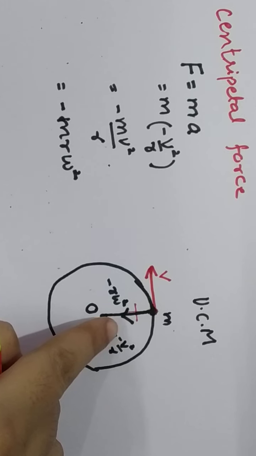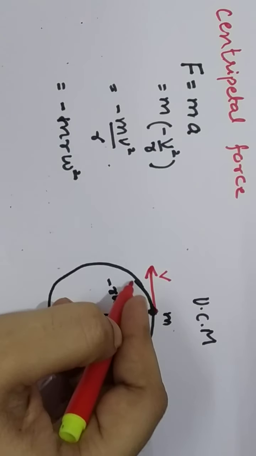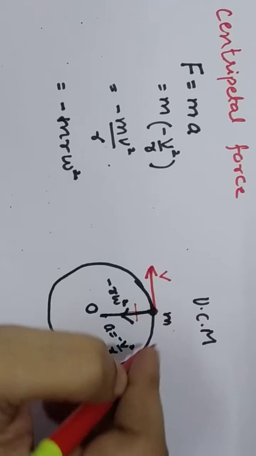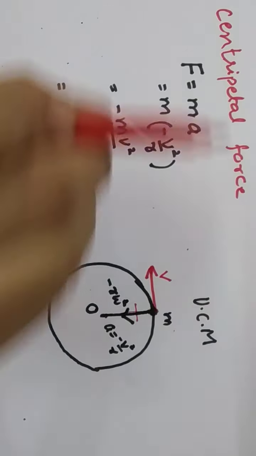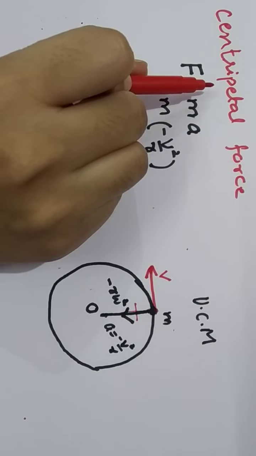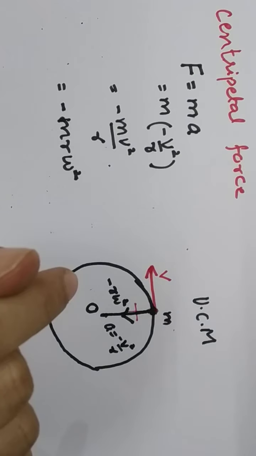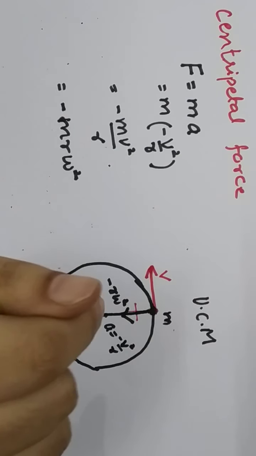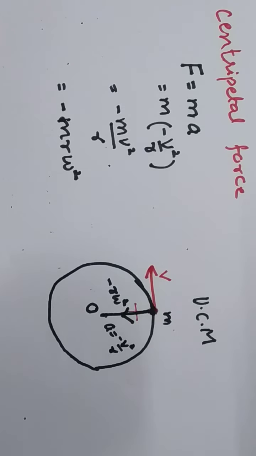When the radial force or the centripetal force is cut off, when the centripetal force is 0, the particle will not be able to continue its circular motion. It means that the centripetal force is the force which is necessary for the circular motion. If centripetal force is not there, uniform circular motion will not be possible.